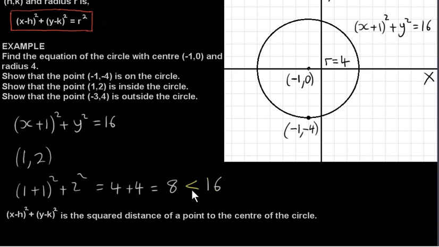To understand the significance of our result, we have to realize that the left hand side of the equation of a circle is the squared distance of a point to the center of the circle. This comes from Pythagoras. If we take any point, inside, outside, or on the circle, the square of its distance to the center is this thing here.